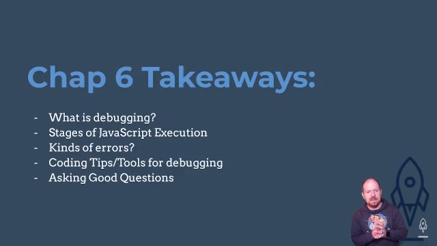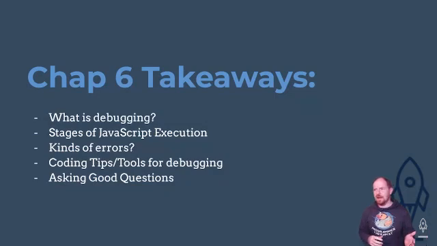We're going to talk about stages of JavaScript execution. This is to help us whenever we see errors, or to preemptively see errors, so that we're not fighting that all the time. Kinds of errors, we're going to talk about that briefly. But again, some of this is stuff you just need to be able to Google or reference back to.